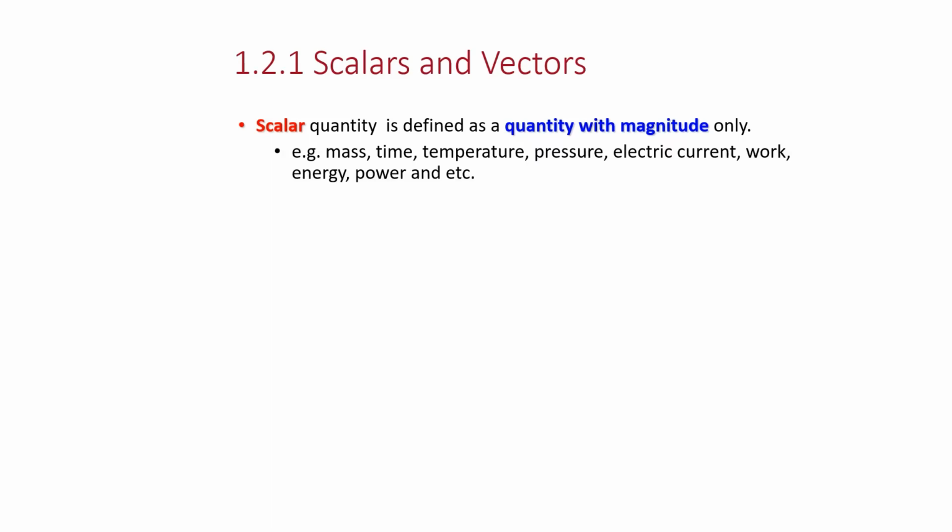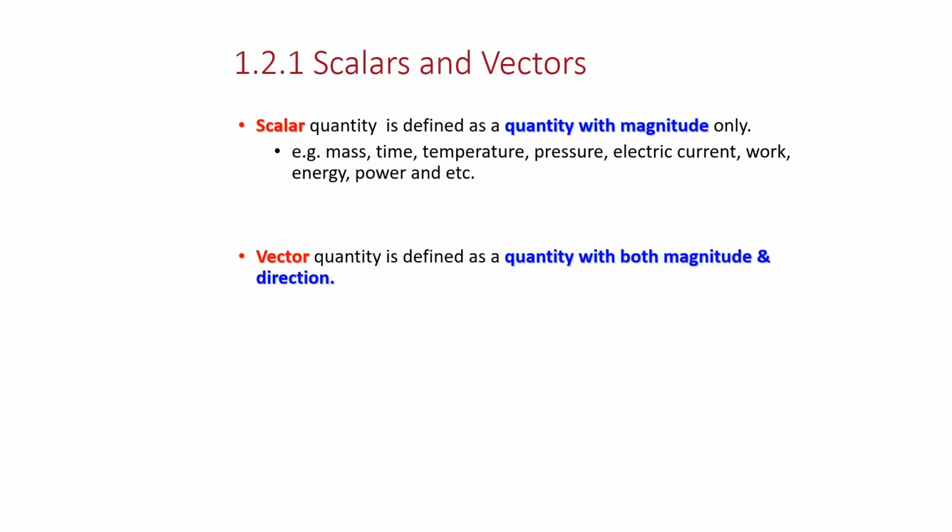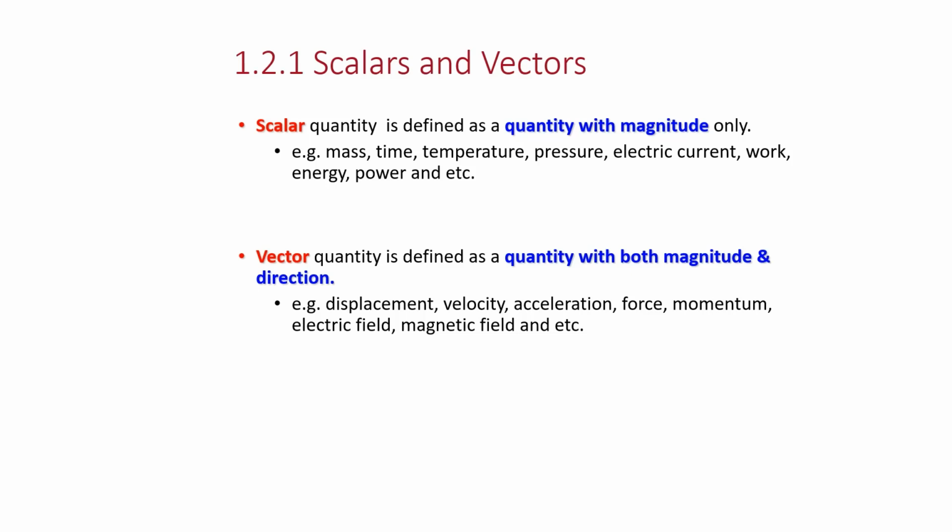The examples are mass, time, temperature, pressure, electric current, work, energy, power, etc. On the other hand, vector quantity is defined as a quantity with both magnitude and direction. For example, displacement, velocity, force, momentum, electric field, magnetic field, etc. All these quantities have magnitude and also direction.